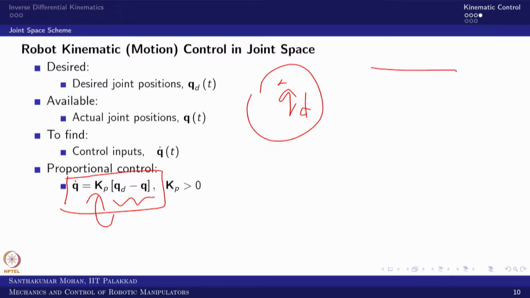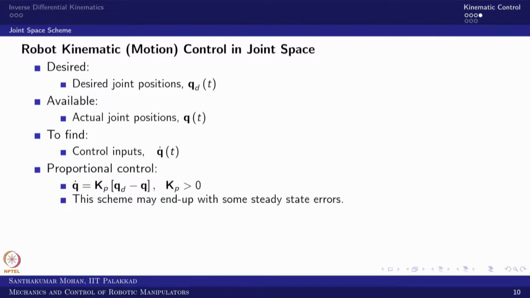In order to avoid the steady state error, what people try to do is make the q tilde go to a second order dynamics at an integral level. Then we bring in the proportional and integral control, so that can be overcome. So this may end up with some steady state error as long as q desired dot has some non-zero value. Okay.